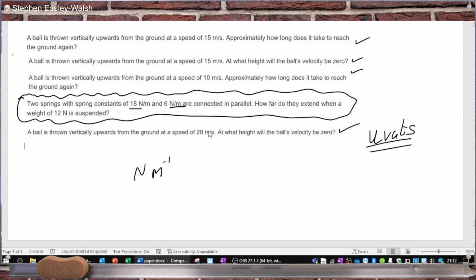It's using 10 as G, but it has the spring question in it, and it has slashes too. Tell me if I'm right or not.